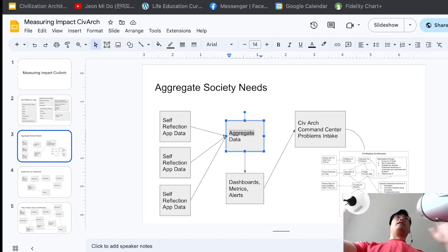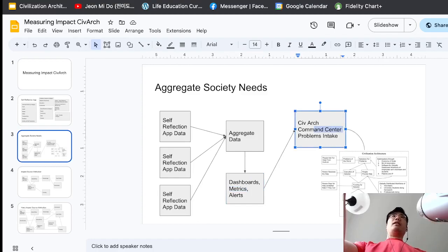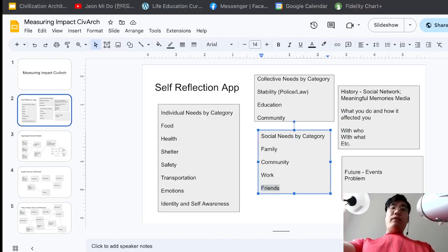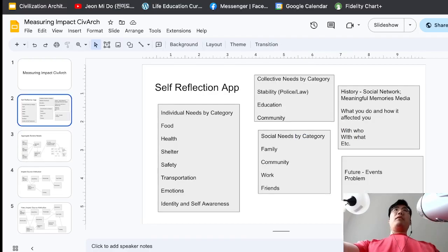So we can start noticing trends between people so that we can provide dashboards and metrics and alerts to let us know when certain populations are trending upwards or downwards. And this will feed into the command center for civilization architecture to determine what are the problems that are going on in society. So, for example, if we find that people are having fewer and fewer friends or they don't feel connected to the community, then we can notice this in the command center and do something about it to create more events to bring people together.